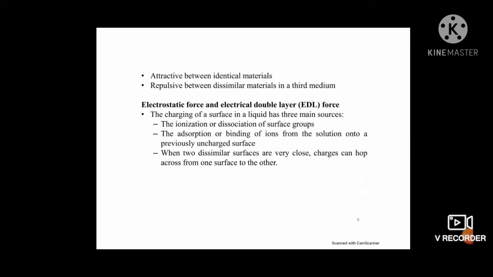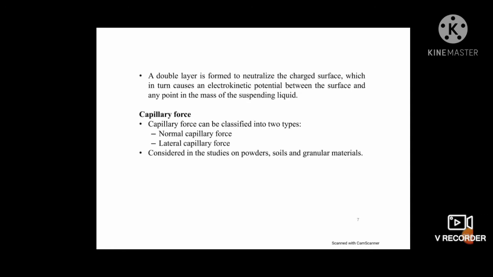Third is because of the dissimilar surfaces interaction, the charge hops across the surfaces of each other. A double layer is formed to neutralize the charged surface, which causes electrokinetic potential between the surface and any point in the mass of suspension liquid.